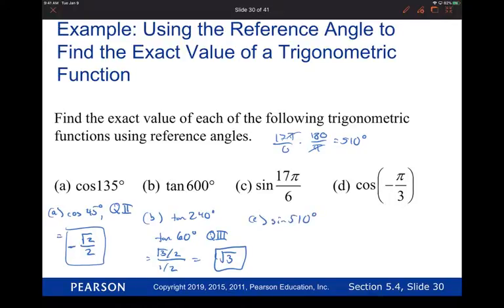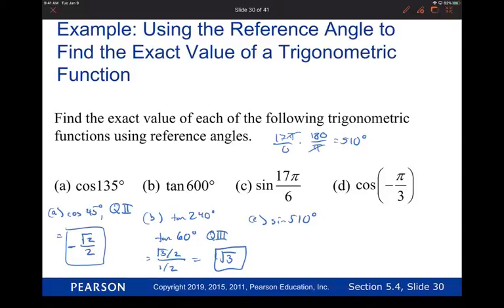So sine of 510, what's the coterminal angle? Keep going. What's 180 divided by 6? 30.